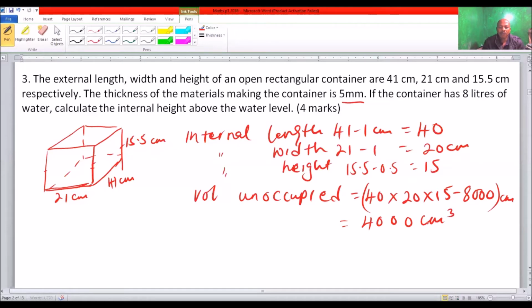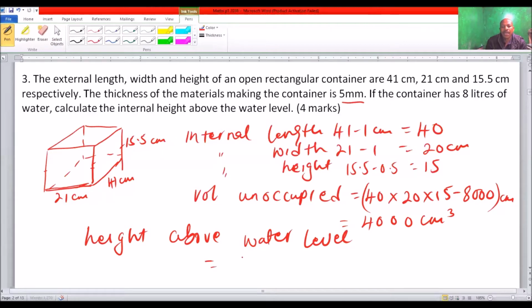So that is the volume unoccupied. So the height above water level is equal to 4,000 divided by 40, divided by 20, and that should give you 5 centimeter.